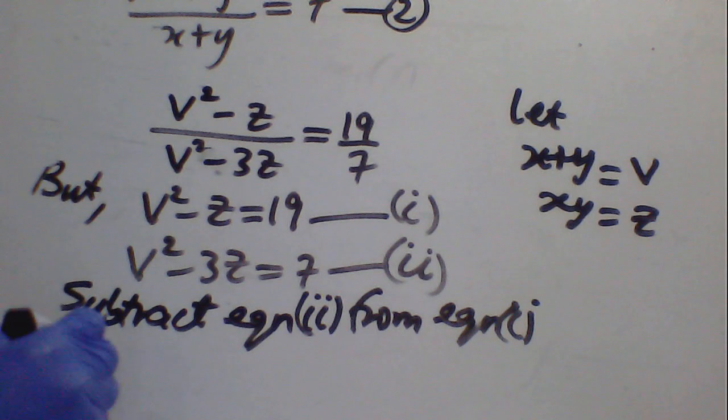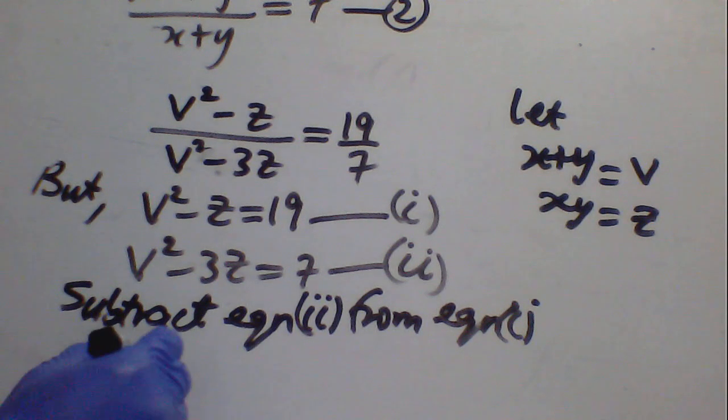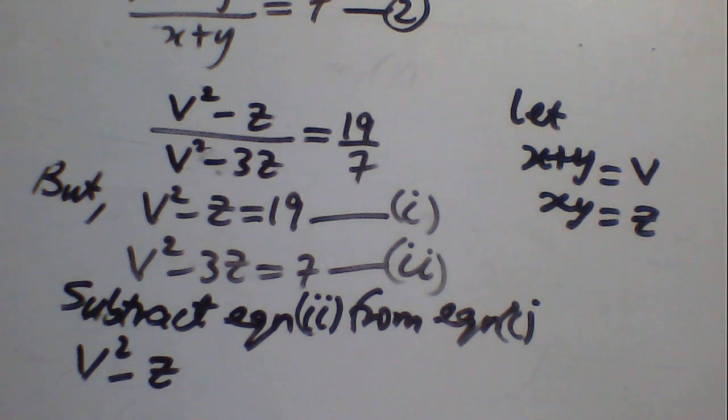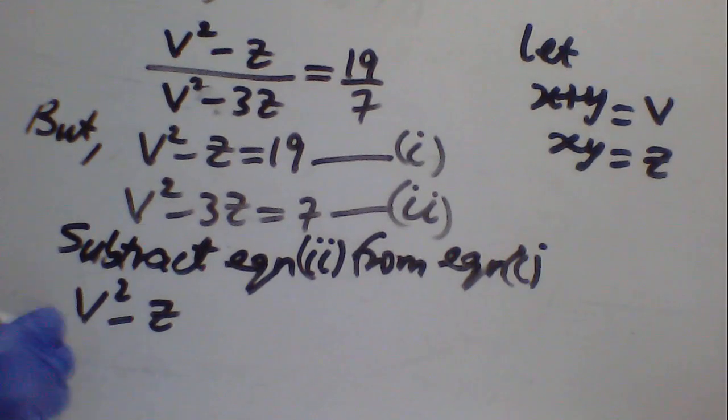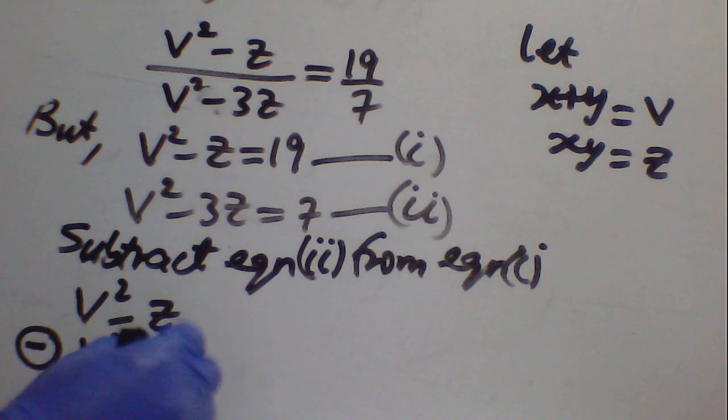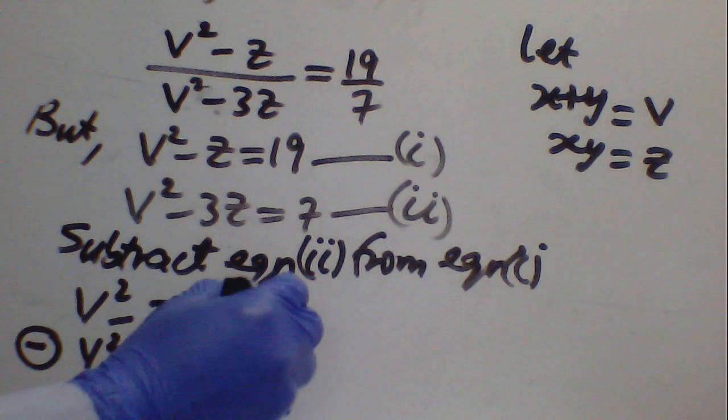You have v squared minus z minus, put minus here, this is a common minus to all of them, v squared minus 3z minus 19, and this is 7.